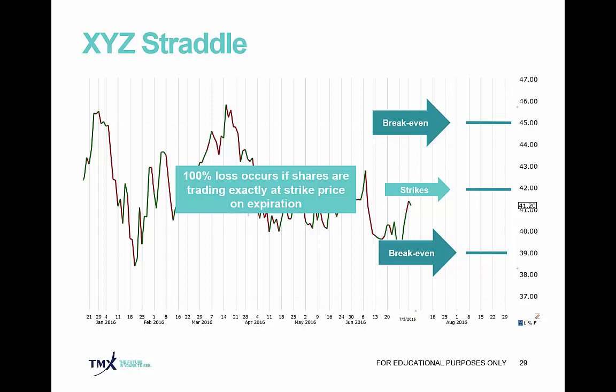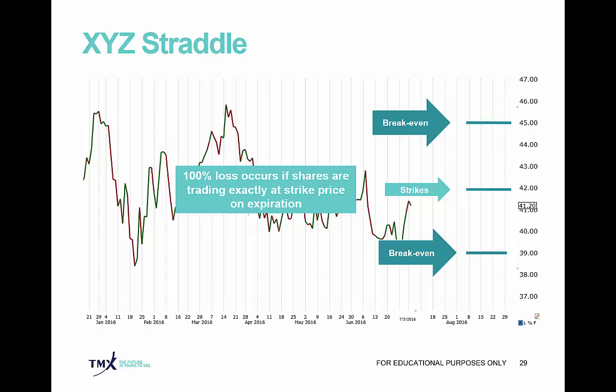And remember, the reason being is that both options, when we purchase them, are for the most part made up of time value, which completely disappears at expiration, leaving only the intrinsic value of the option contract for us to profit on. And so that's where that break-even point comes into play.